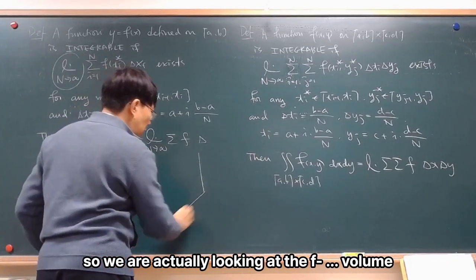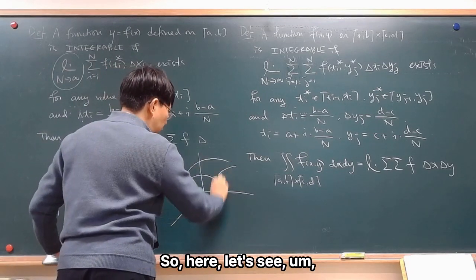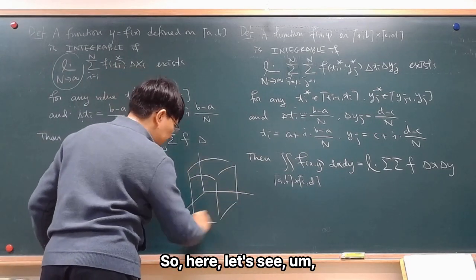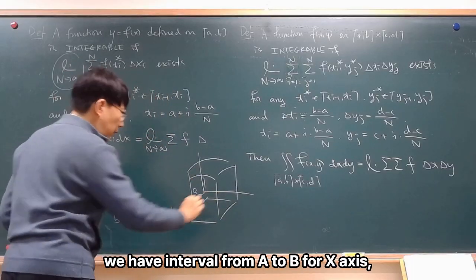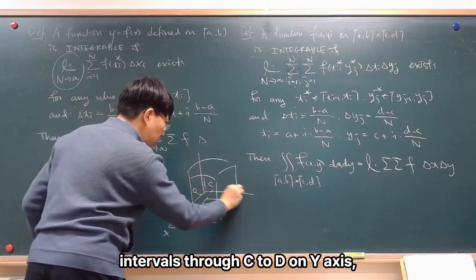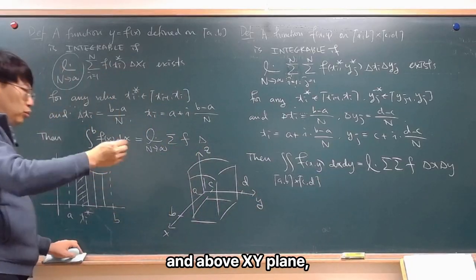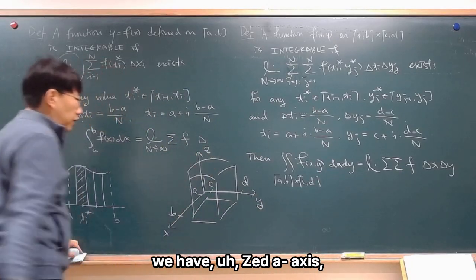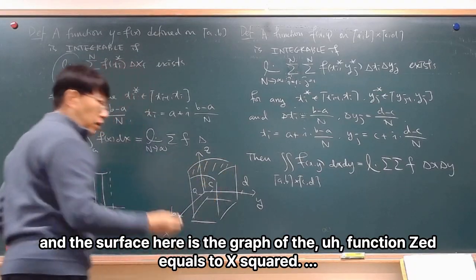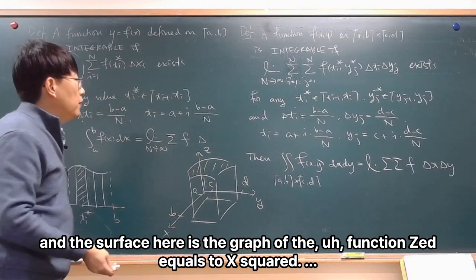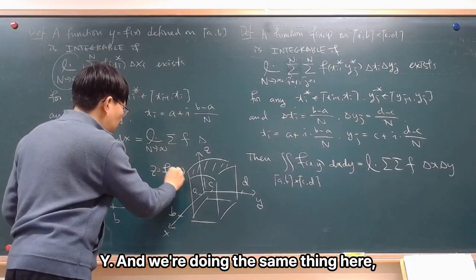And we also talked about the meaning of this. We are actually looking at the volume under the graph of the function f. So here, let's see. We have an interval from a to b on the x-axis, an interval from c to d on the y-axis, and above the xy plane we have the z-axis, and the surface here is the graph of the function z equals f of x, y.